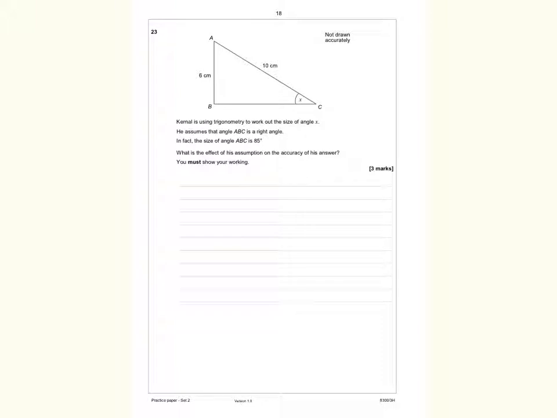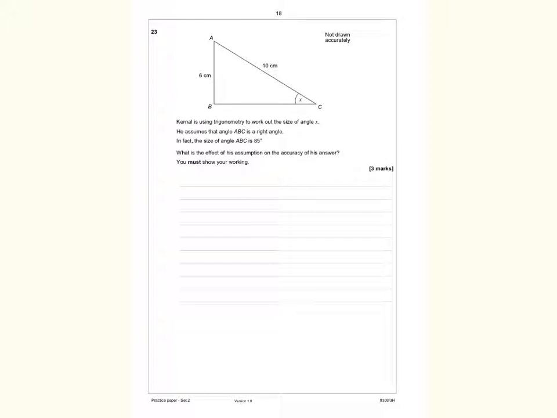When we have a triangle that's not a right angle triangle, we don't use SOHCAHTOA, or sine of this angle would be opposite over hypotenuse and so on. We're going to have to use the sine rule. So sine of this angle over 10 is the same as sine of x over 6.